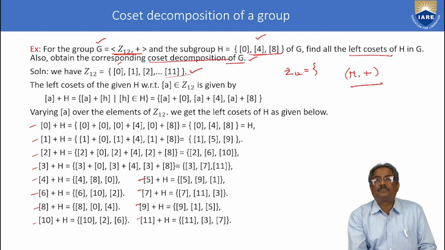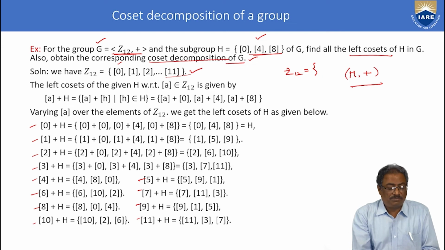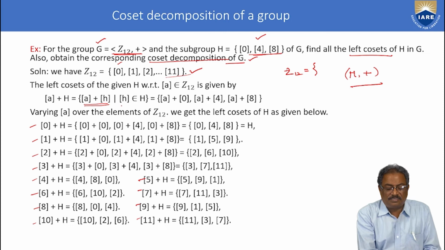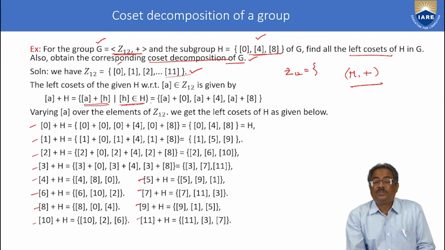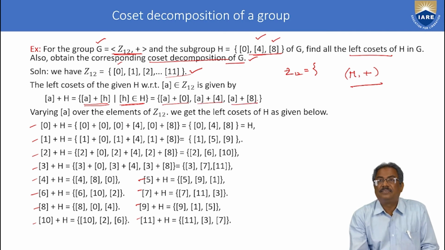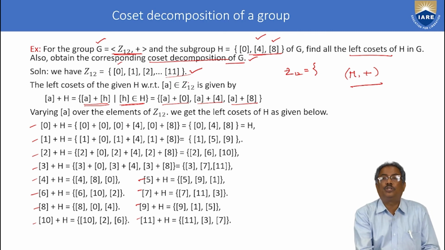So for every element I am considering from G, I apply it with the elements of H. I am taking A plus H such that H belongs to H. So what do we get? A plus 0, A plus 4, A plus 8. Then the equivalence class of A varies from 0 to 11.